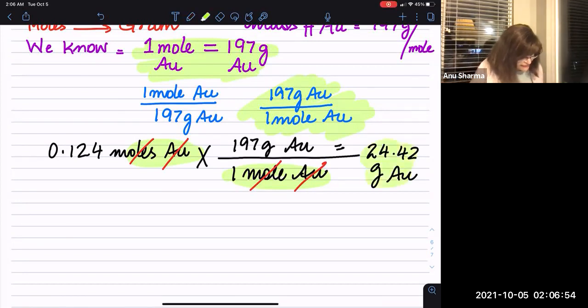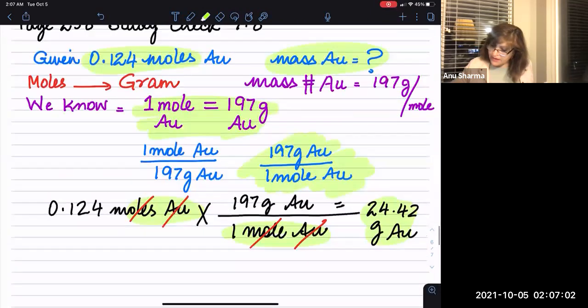All right, next is converting the mass of a compound to moles. Let's look at this one. This is the mass to mole conversion.